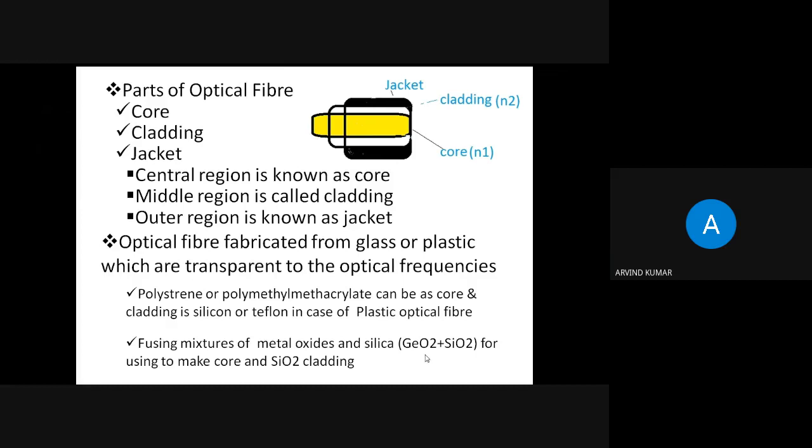For example, germanium oxide plus silica, and that mixture will be used for making the core, and for the cladding we will make use of silica. So these are some of the materials for making the core and cladding of plastic optical fiber and glass optical fiber, and the material must be transparent at the optical frequencies.